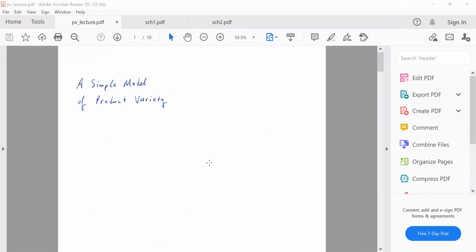The simple version of this was published in the Journal of Political Economy in 1990 by Paul Romer. I'm covering here a very simple version of it. This version is from Aghion and Howitt's textbook, chapter 3, I suppose.